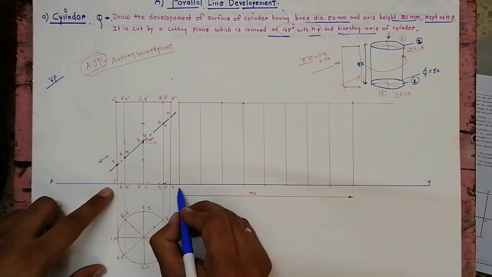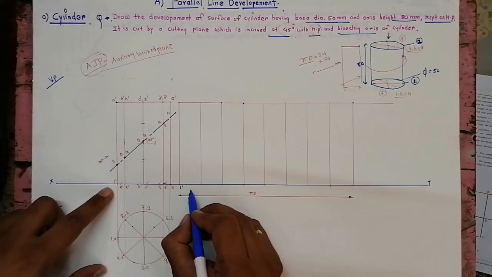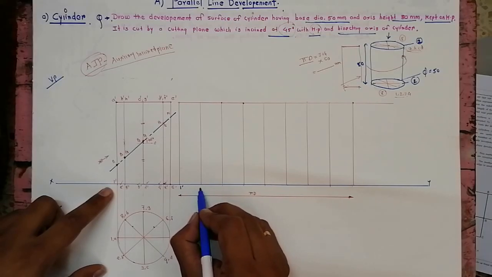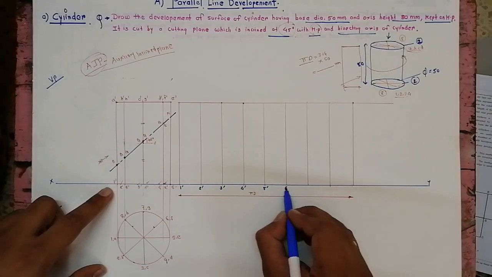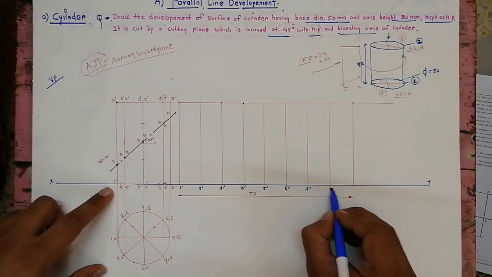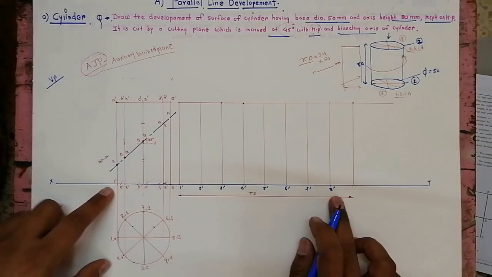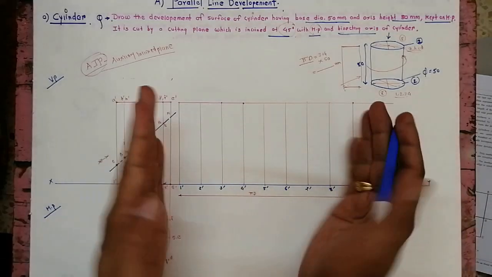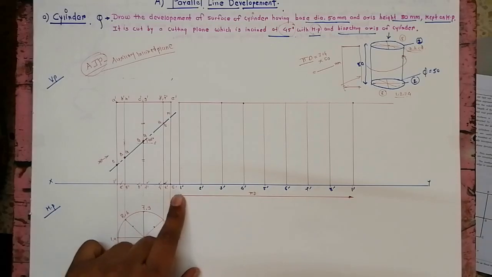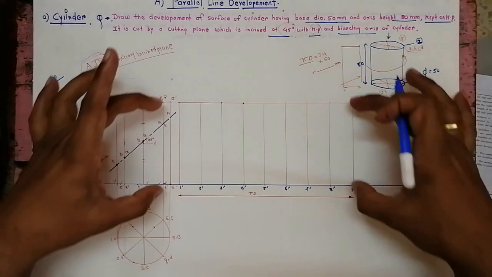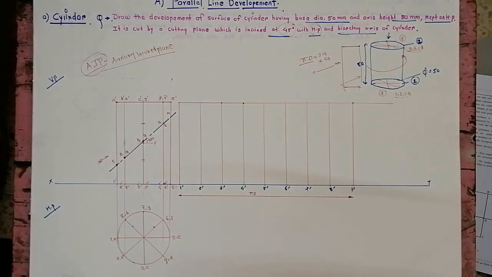Now since this nomenclature is 1, this is 1 dash, then this is 2 dash, 3 dash, 4 dash, 5 dash, 6 dash, 7 dash, 8 dash. 1 to 8 dash is over. Now again when we wrap that, it joins with 1. So the last one is also again 1, because this 1 and 1 will join together.